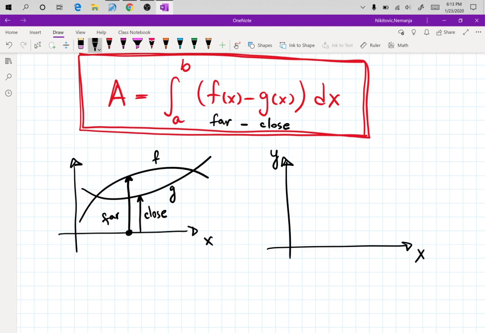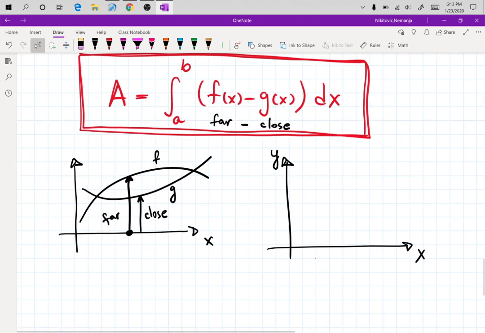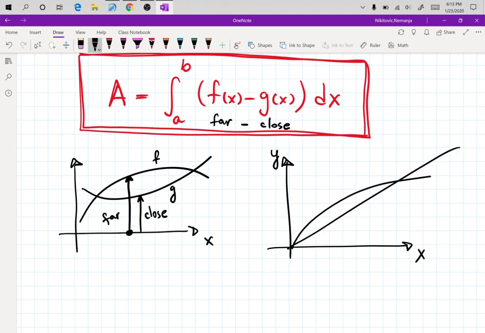And when I put two functions, say a square root of x and a linear line like this, and I want that to be sideways as a dy, which one is on top? You see that you can't do top minus bottom now? It's far minus close. They switch roles.